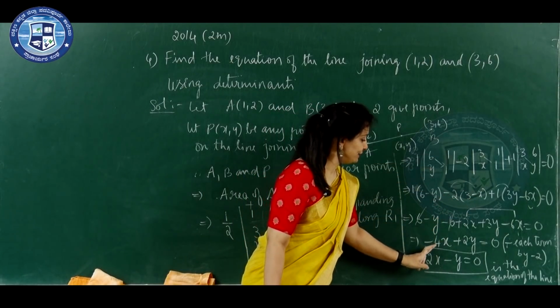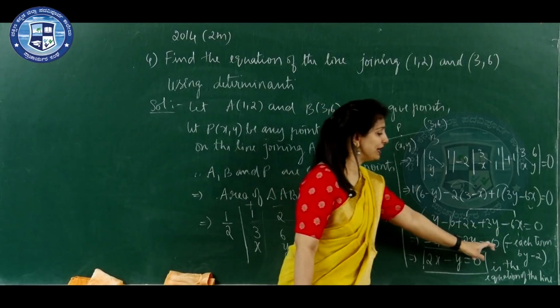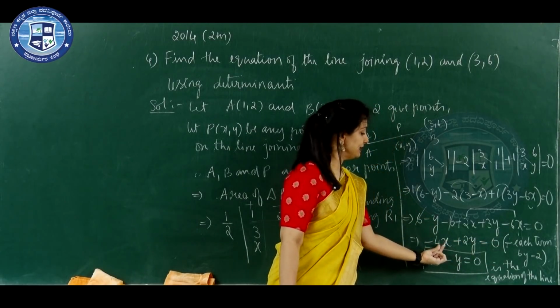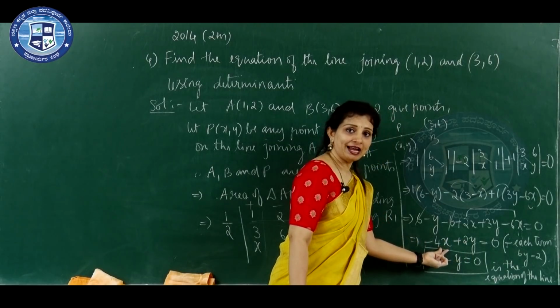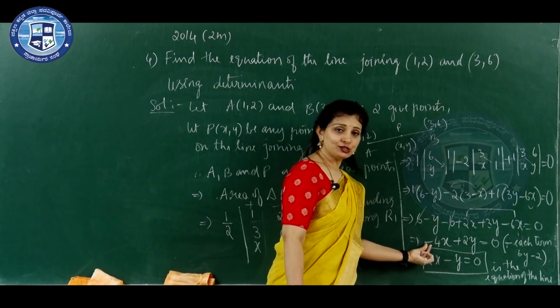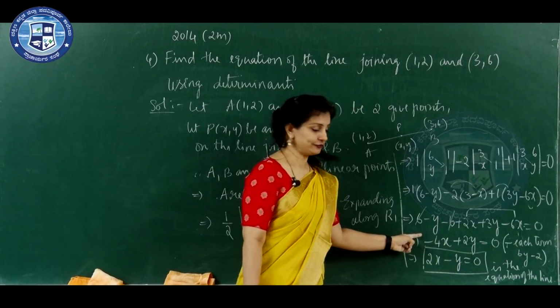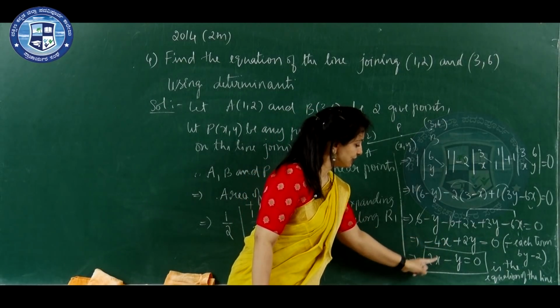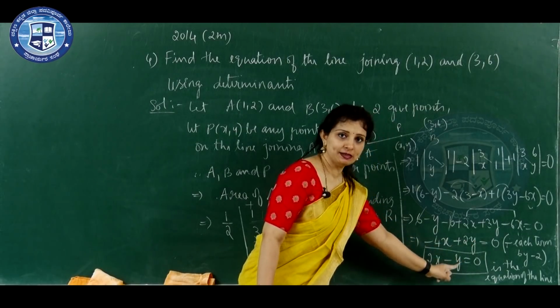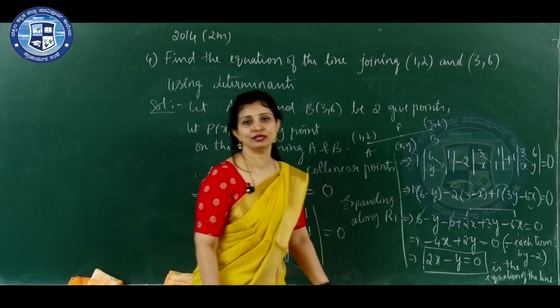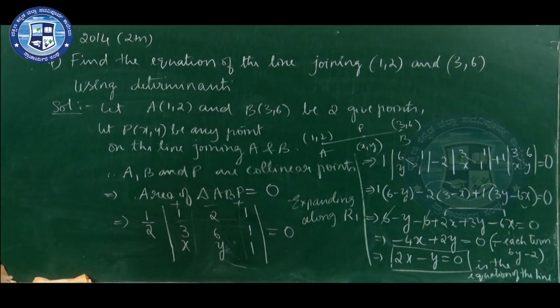When you expand it you will have minus 4x plus 2y is equal to 0. Here 2 is a common multiple, so divide by minus 2 to make x positive. Minus 4x by minus 2 is plus 2x, plus 2y by minus 2 is minus y, equal to 0, which is the required equation.